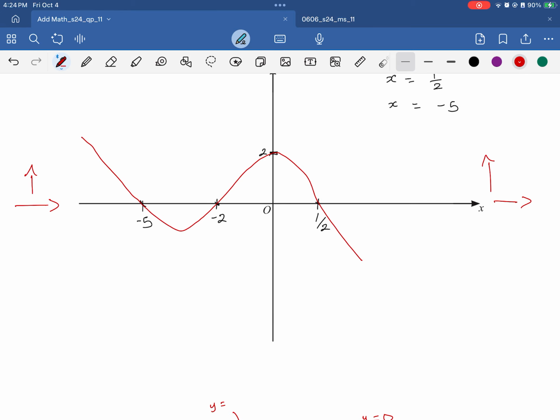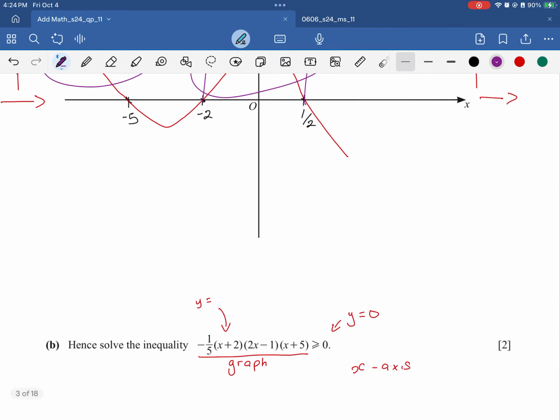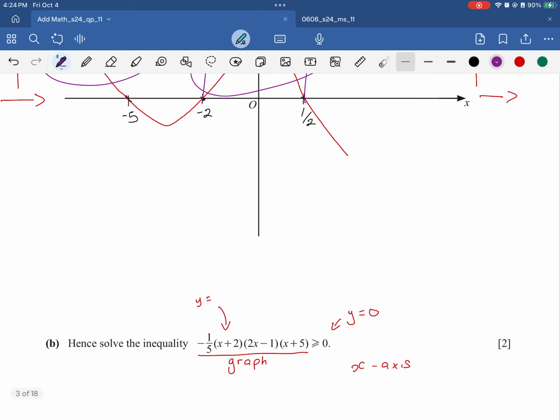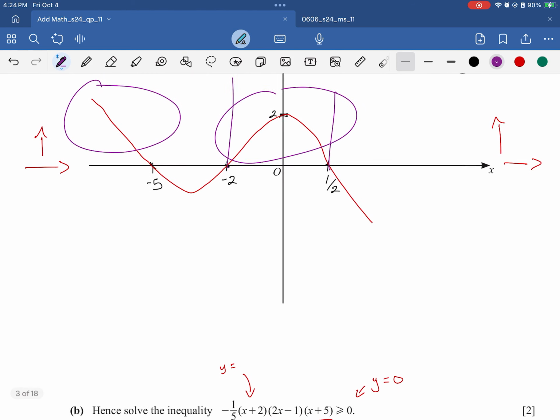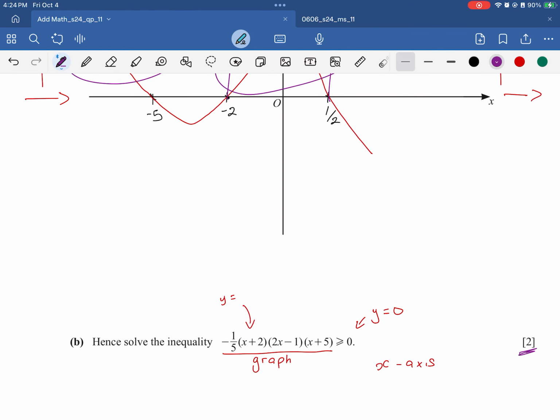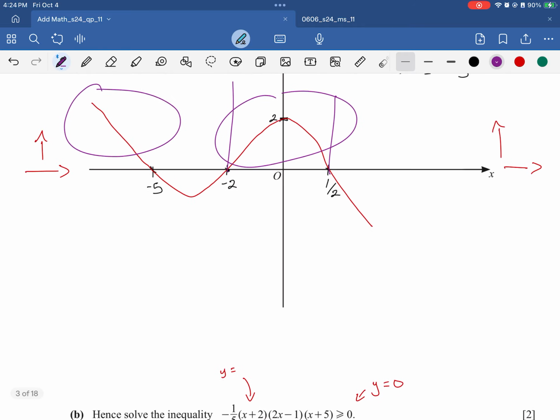So you're looking for the interval here, this area here, and then this area. If you don't have the graph, you can solve for this question, but since we already have the graph, we don't have to, and you want to save time. It's only 2 marks anyway, so you don't have to do that much calculation.